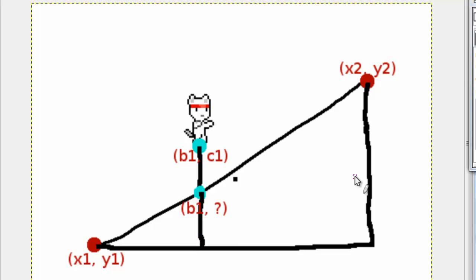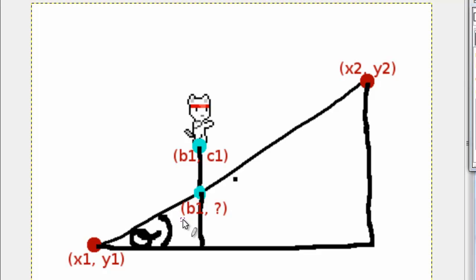Okay. Now, what we need to do, and we have this angle. Which angle are we going to be using? This angle, theta. We're going to call it theta. What can we get from this? Opposite over hypotenuse.